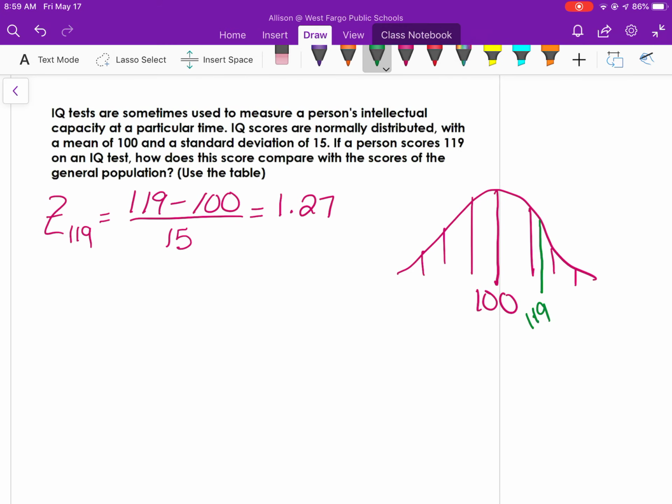So the area for that was 0.8980, I believe. So that's this percent to the left here.